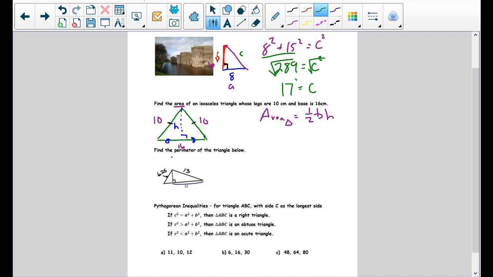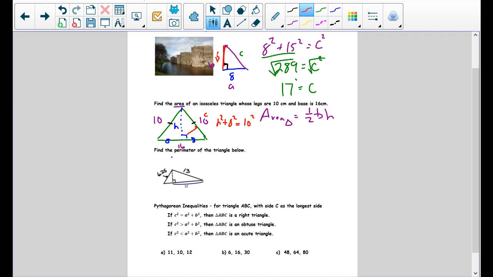Questions on that? So according to this triangle, here's my 90, opposite here, this is my C value. So we have height squared plus 8 squared equals 10 squared.